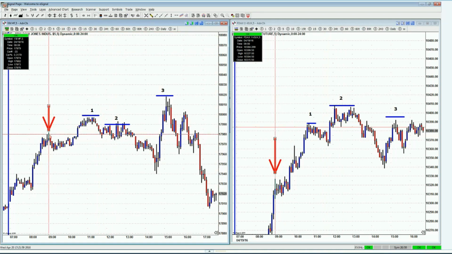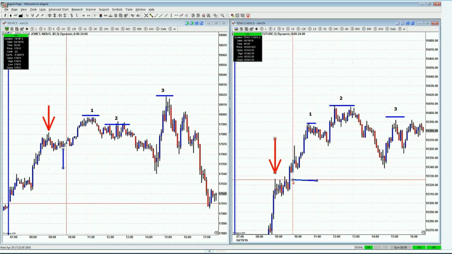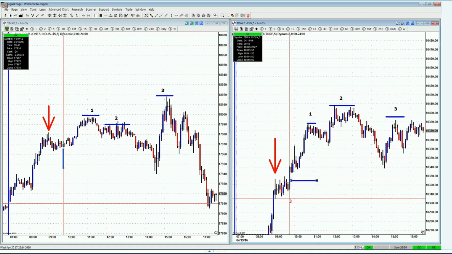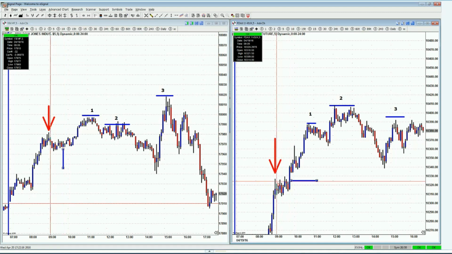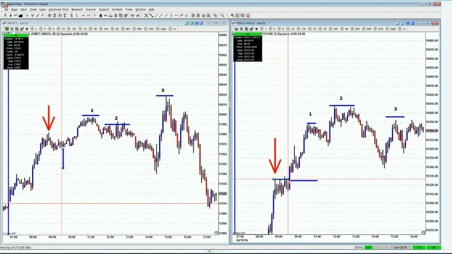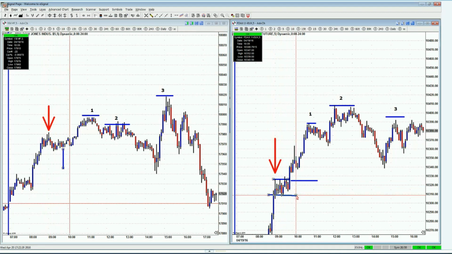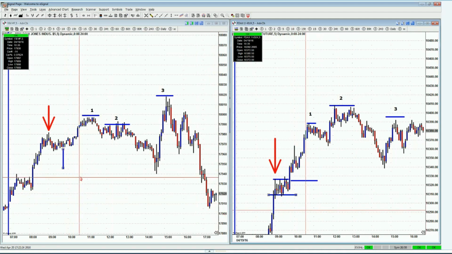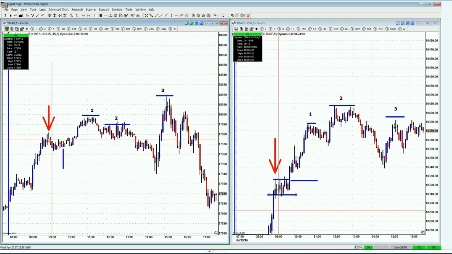Notice how the Dow at this point here corresponds with this long bar here. So at this point here, the DAX is making a breakout of its morning range whilst the Dow is still in a sideways range.